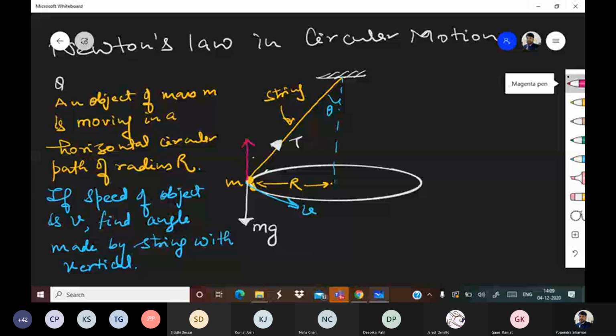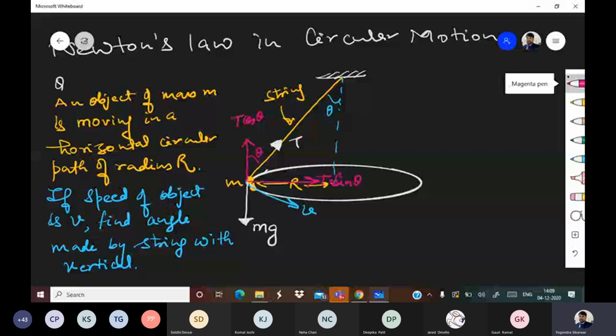Okay. So for mass m, number one, along vertical, what you can see is T cos theta minus mg is equal to 0, and that gives you T cos theta is equal to mg, equation number 1.